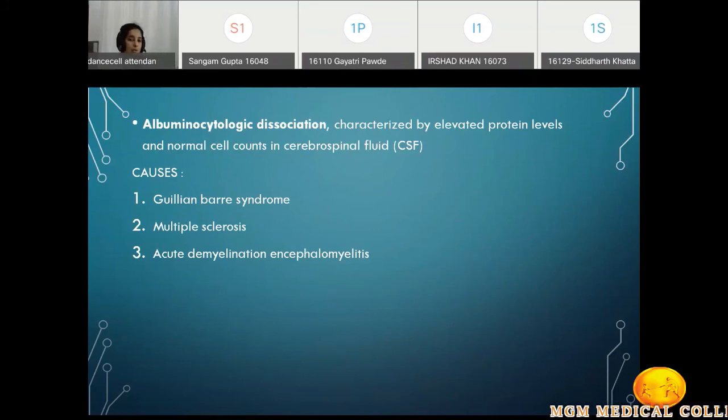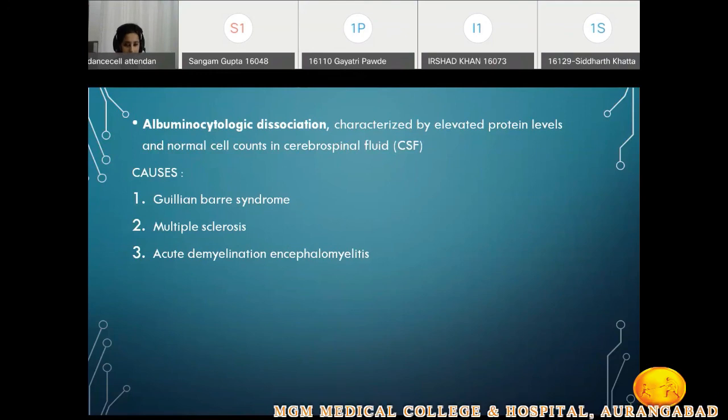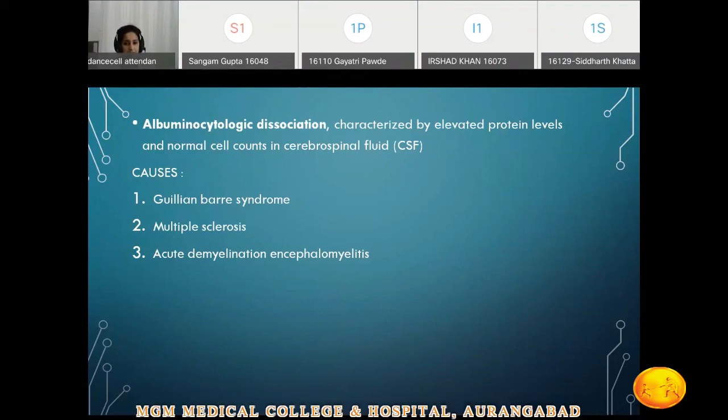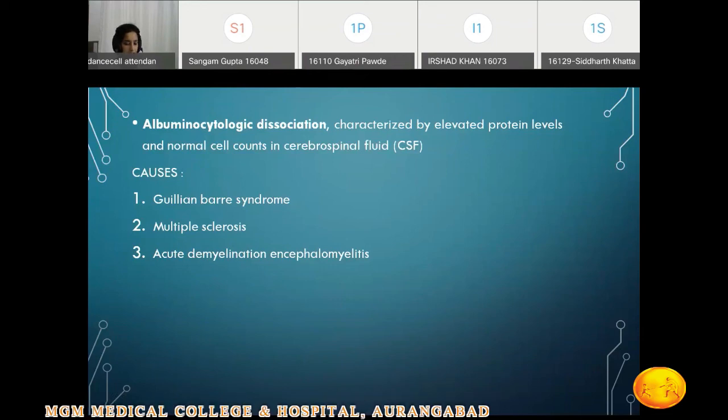But if there is only an isolated rise in proteins and no cells present in CSF, then it is known as albuminocytologic dissociation, usually found in demyelinating disorders like Guillain-Barre syndrome, multiple sclerosis, and acute disseminated encephalomyelitis, ADEM.